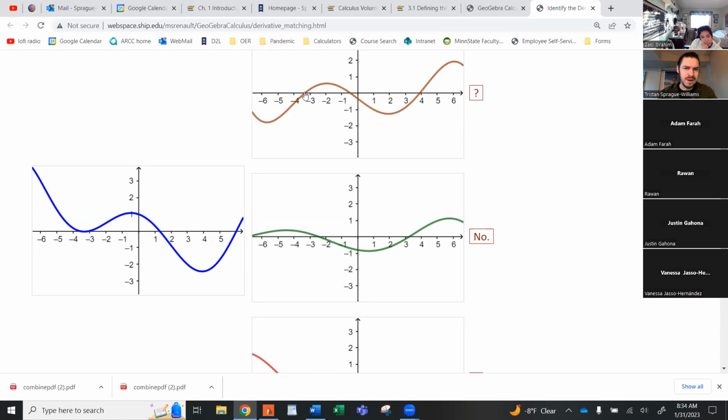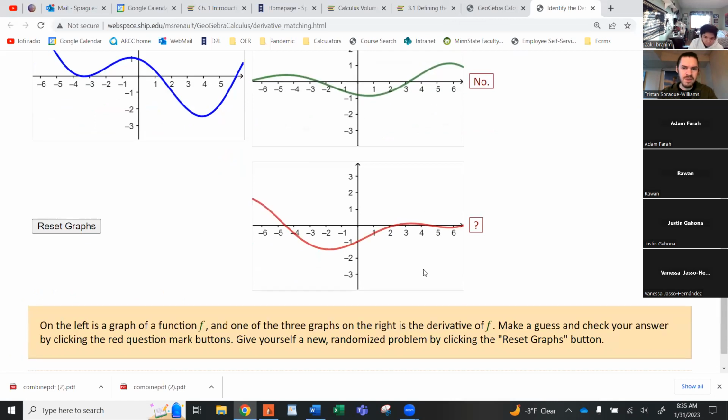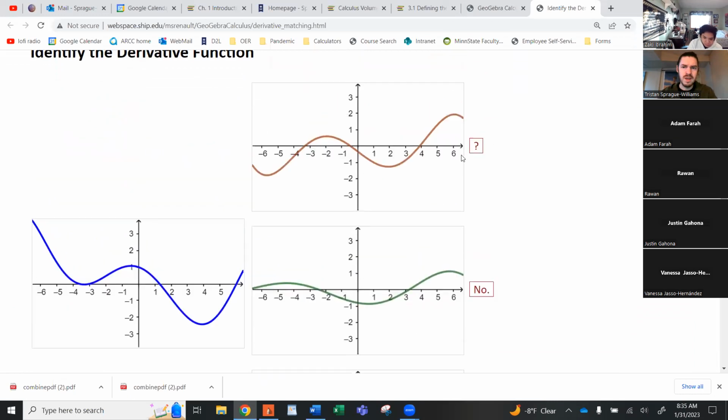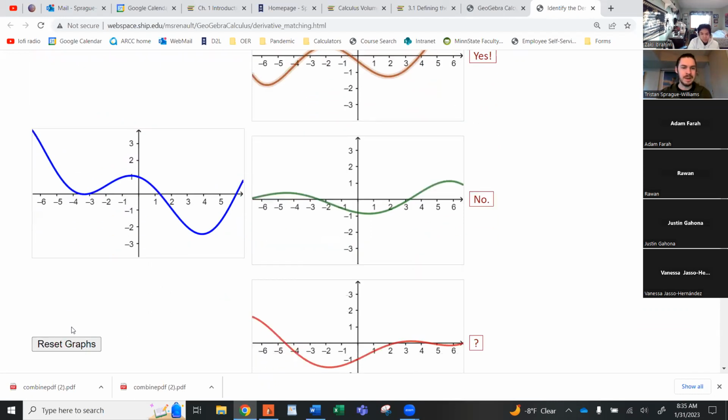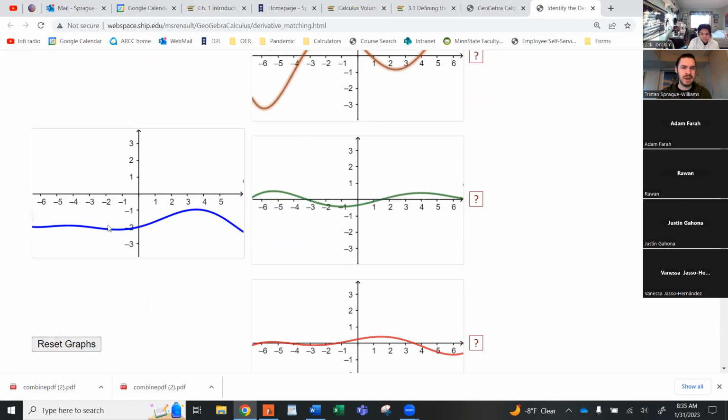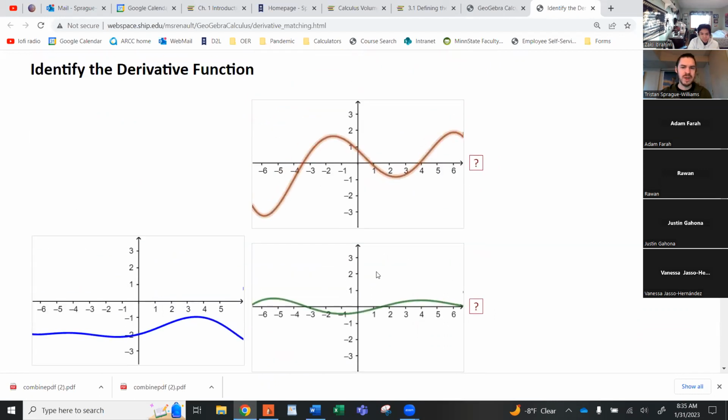It's got an x-intercept at -3.5, one at -0.5, and another one close to 4. So that's a possibility. And this one, I can rule out as well because it's missing that x-intercept there. So in this case, I can narrow it down to get the right answer just by looking at where the x-intercepts should be.